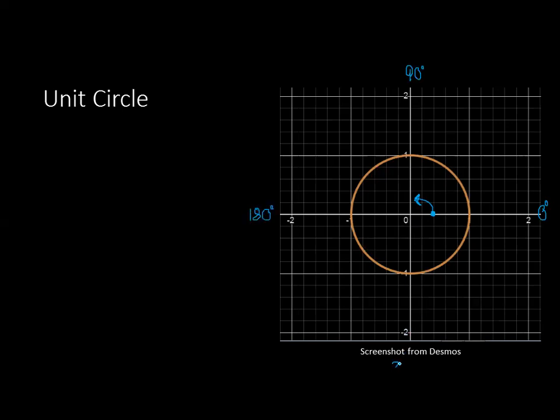This is 270 degrees. And here, one revolution will give you 360 degrees. So, what if you start rotating at this point, going to this point? So this is your terminal side.